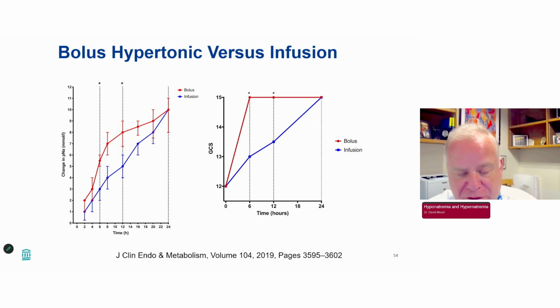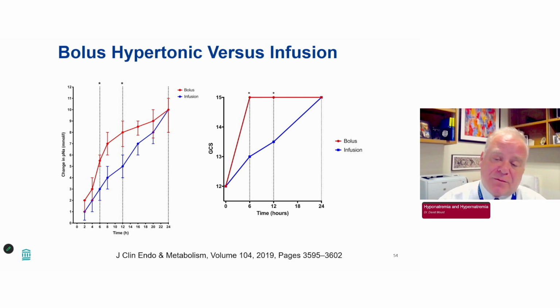This lovely paper from the UK showed that a bolus of hypertonic saline is more acutely effective in increasing the sodium, but also reducing the neurological dysfunction that goes along with it. So marathons have hypertonic saline available at weigh stations and at the finish line, and will often give it. They can also have point of care sodium testing sometimes, and they will generally give a bolus of 100 ml.